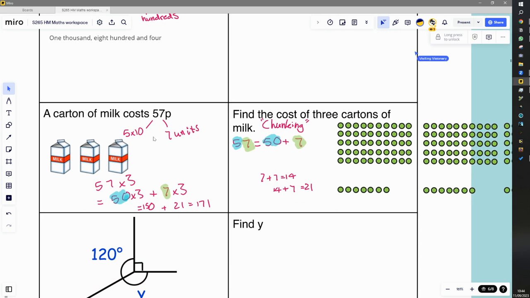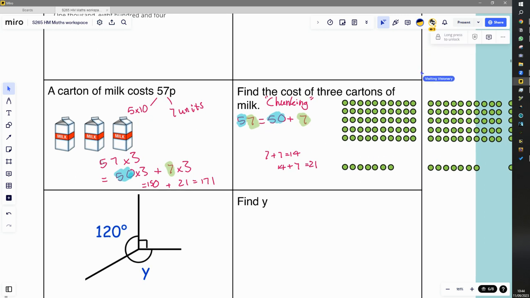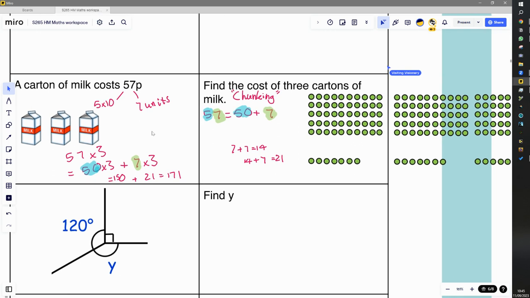The next one, we have a bit of a wordy question. We've got a carton of milk costs 57 pence, and we want to know what would be the cost of 3 cartons of milk. And so with a little bit of thinking, we realised we've got to do 57 times 3. So how do we do that? Well, we can chunk it.